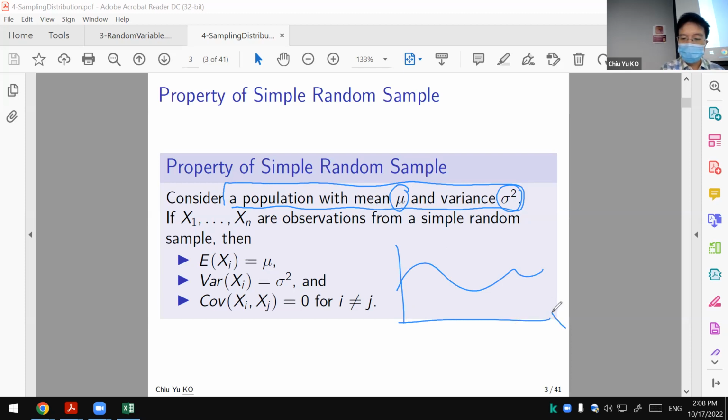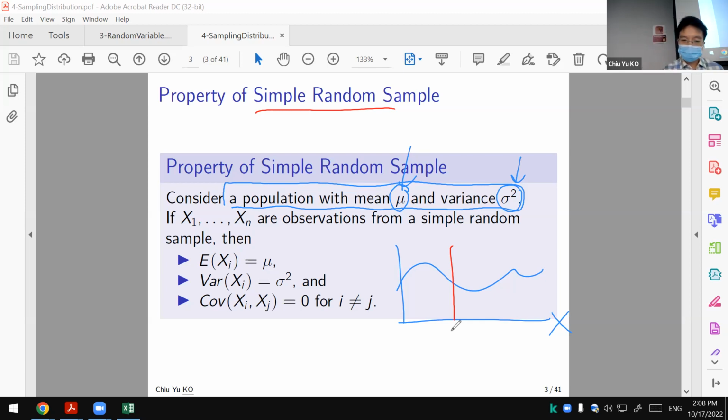And suppose you have all the observations and you calculate the average, you calculate the variance. This is a number, a fixed number, okay? This is a number, okay? And simple random sample, what does that mean? You basically randomly pick a number here, okay? Randomly pick a number here. And in that case, depending on what you draw, different samples give different outcomes, okay?